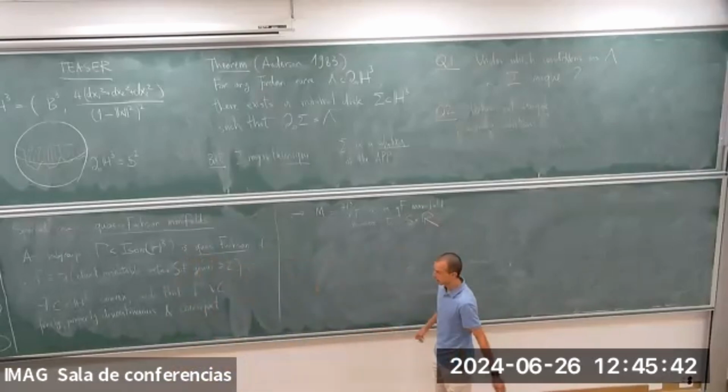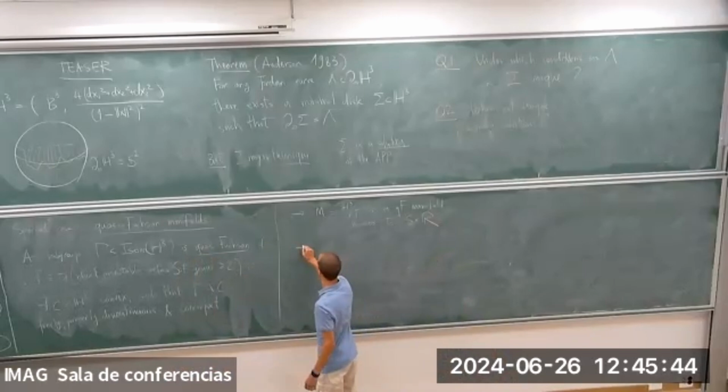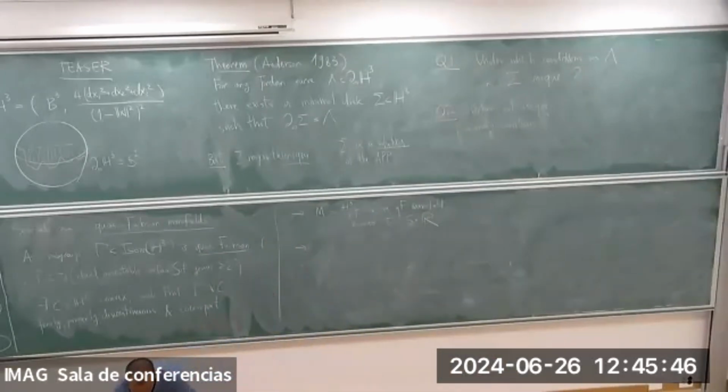Co-compact may seem like the wrong word, since the quotient is not compact, but it acts cocompactly on some subset. Okay, let me write a line and then I'll draw a picture.